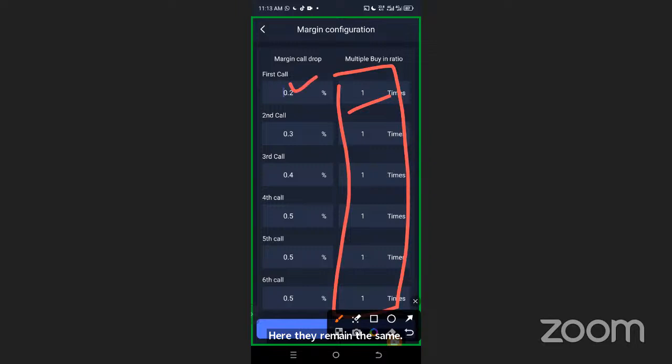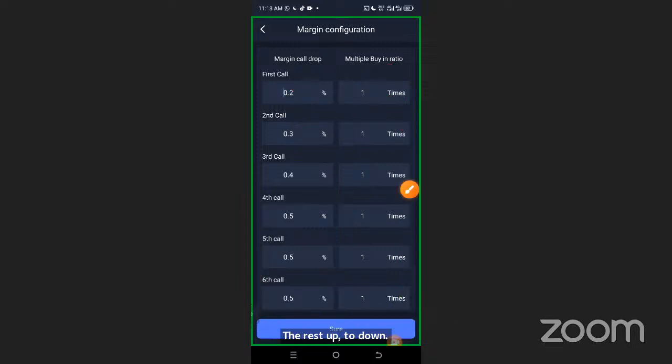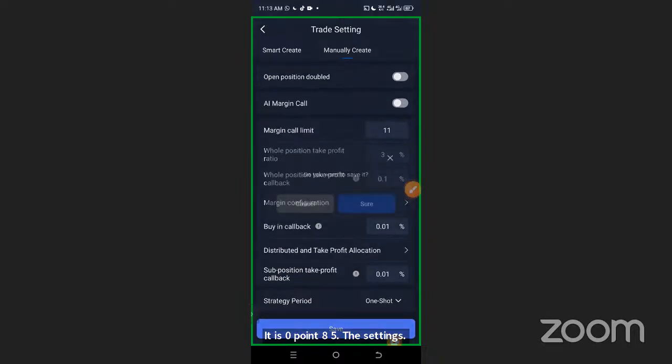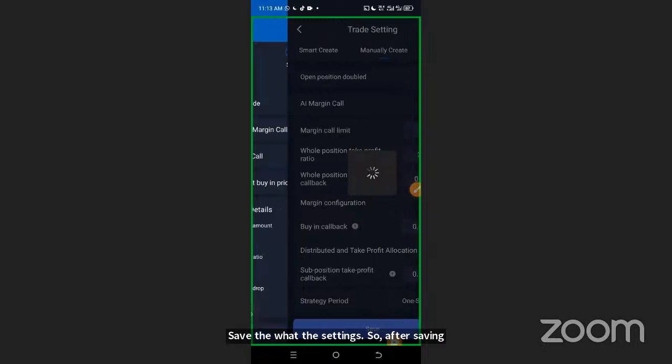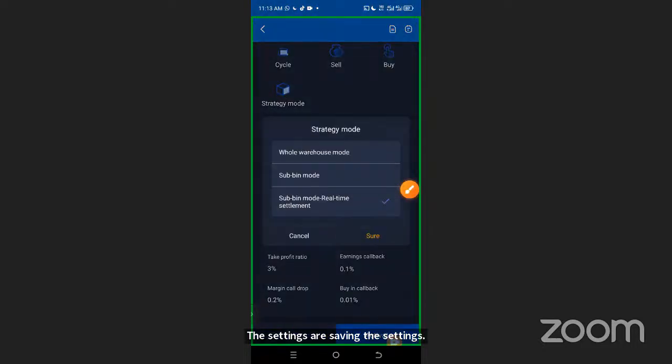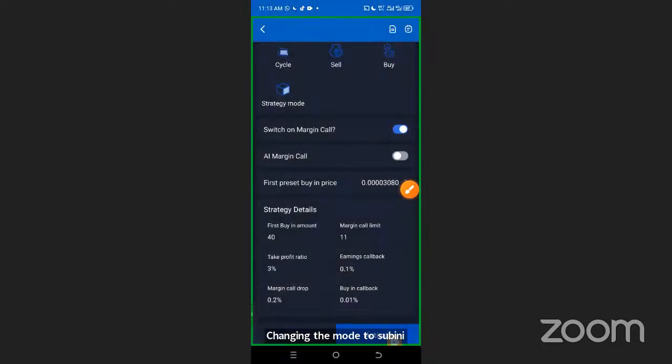Put here 0.2, 0.3, 0.4. The rest up to down, it is 0.5. Save the settings. Save the what? The settings. So after saving the settings, change the mode to sub-bin mode real-time settlement, then activate.